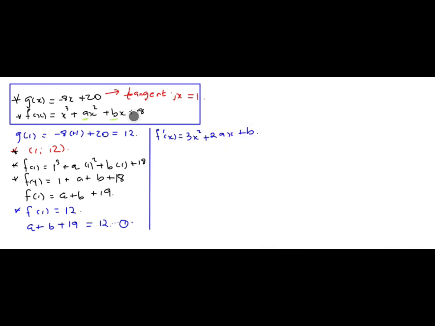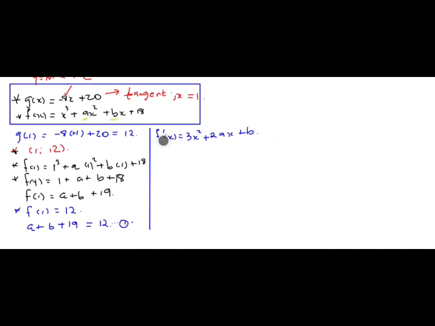And like I mentioned, the gradient of the line is given to be minus 8. As we know, the equation of a straight line takes on the form y equals mx plus c, where m is the gradient. So from this equation, I can tell that the gradient is minus 8. So the point at which these two graphs touch equates everything. It equates the gradient and equates the actual coordinates. We had already equated the coordinates to get to this equation, so what we do next is we equate the gradient.